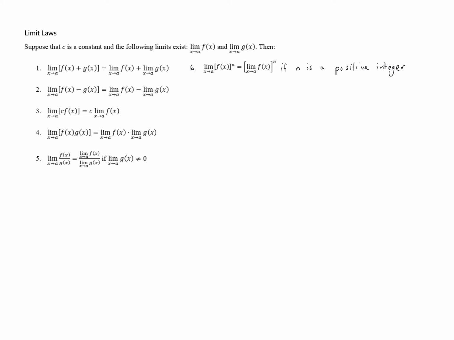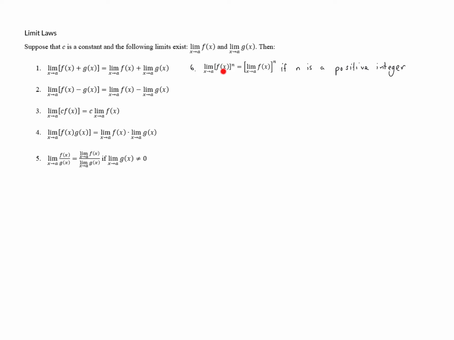This next one requires n to be a positive integer, and it says if we have the limit as x approaches a of a function raised to the nth power, we can just take the limit of that function and raise the result to the nth power. And this is a direct result from taking the fourth law and applying it repeatedly.